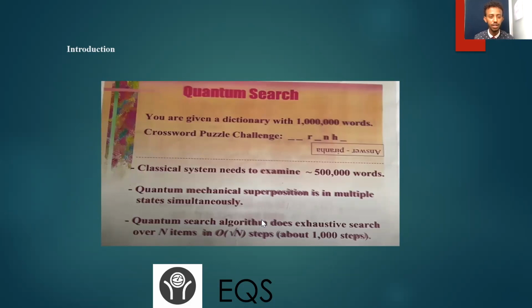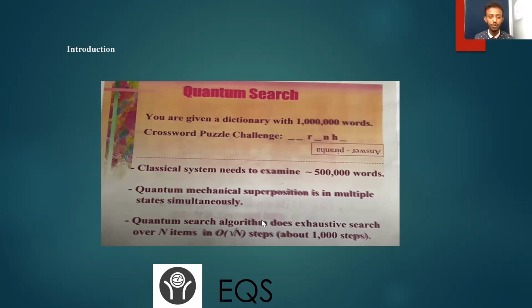For instance, we could be searching for a certain word in a dictionary with 1 million words, and three letters have been given. A classical system would need to examine 500,000 words till it finds the right word.